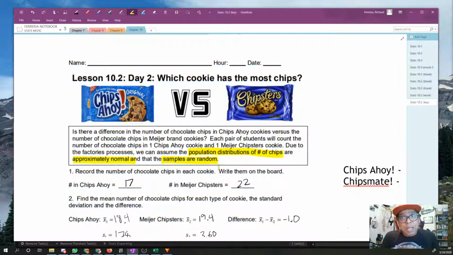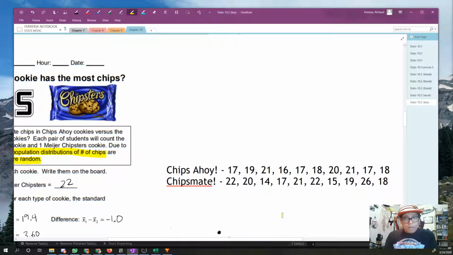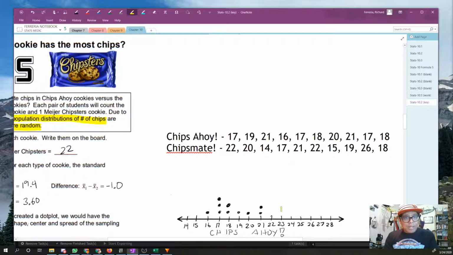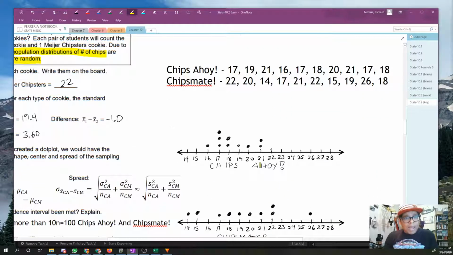What if we took a sample and looked at the mean of the sample? From the experimental data that we did last year, and I went ahead and added mine to it, we had the Chips Ahoy with those numbers of chips: 17, 19, 21, 16.